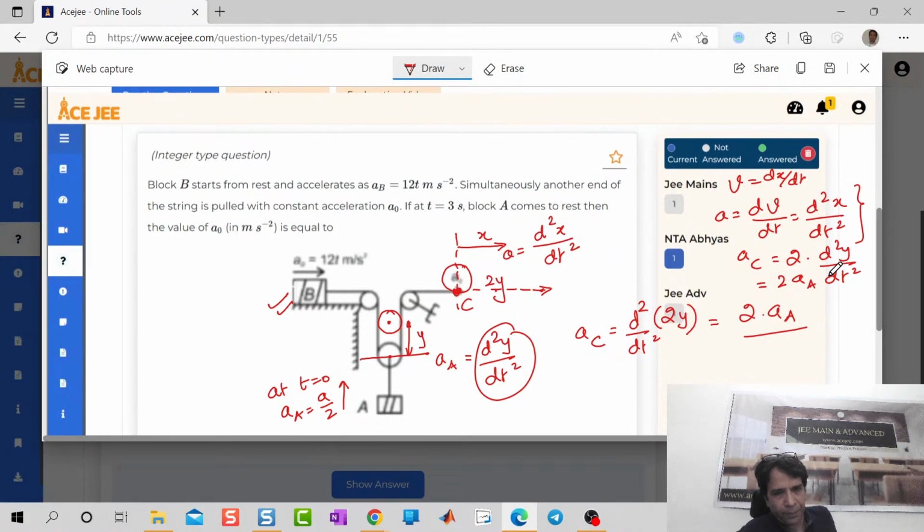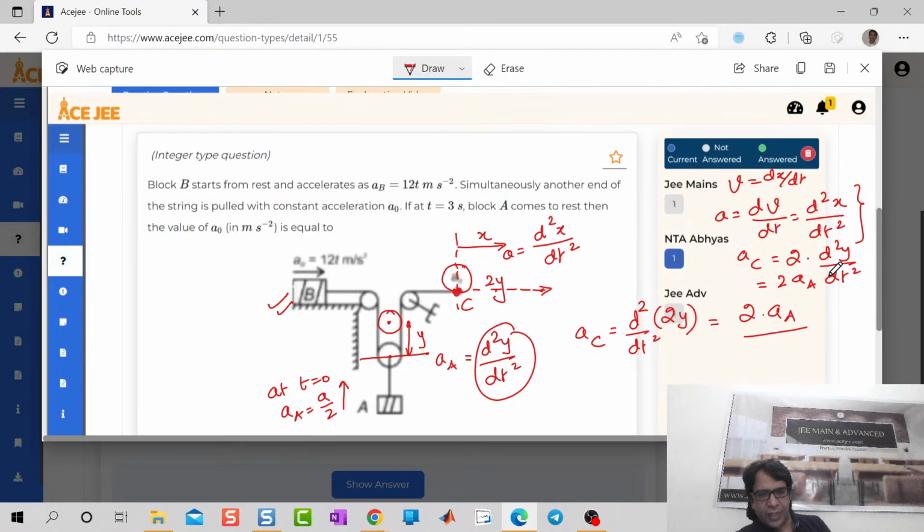Okay. Now, at any time t, this is just to get ourselves warmed up, just to get ourselves going. But now, if you are given that the acceleration of B is 12t, and the acceleration of the right end of the rope is a0, can you guys now tell me what will be the acceleration of A as a function of time t?